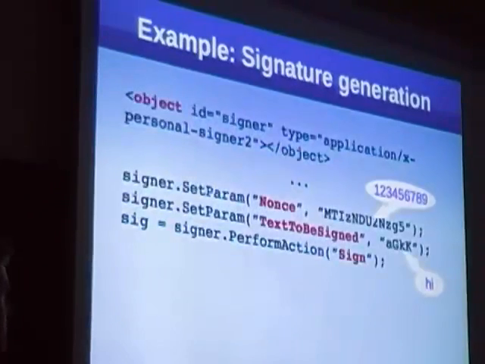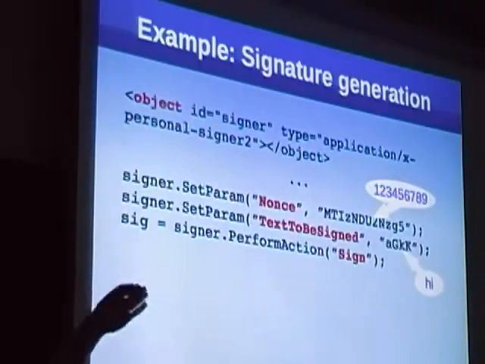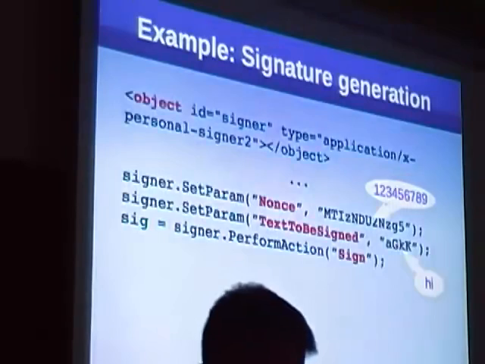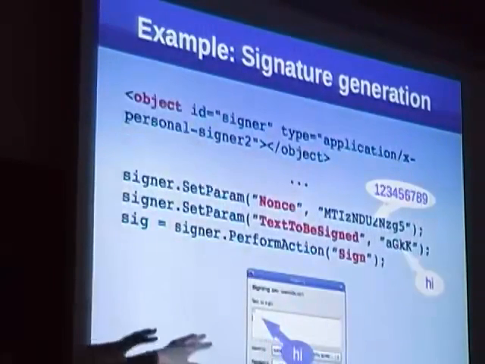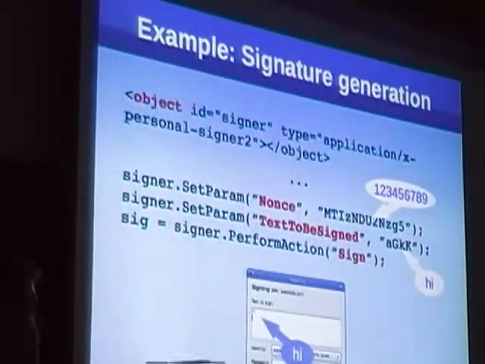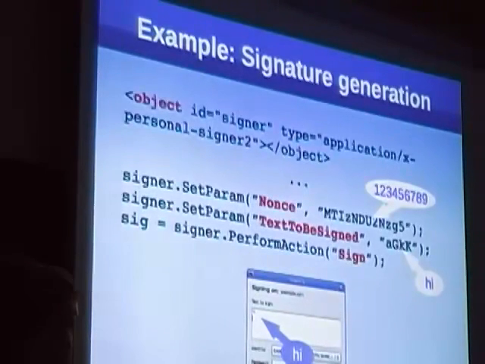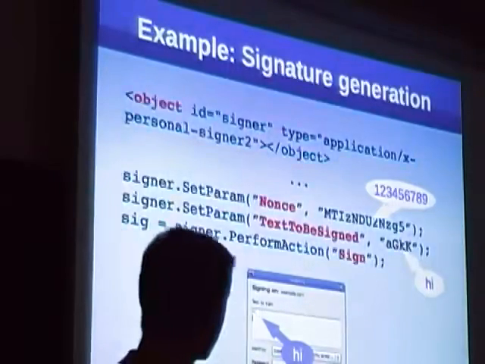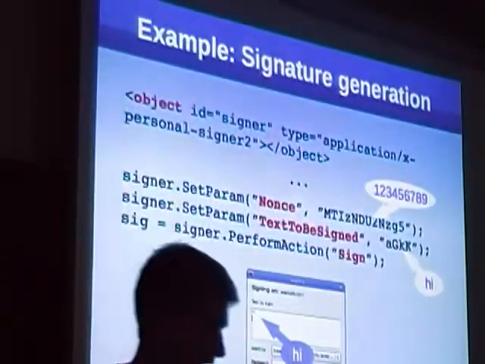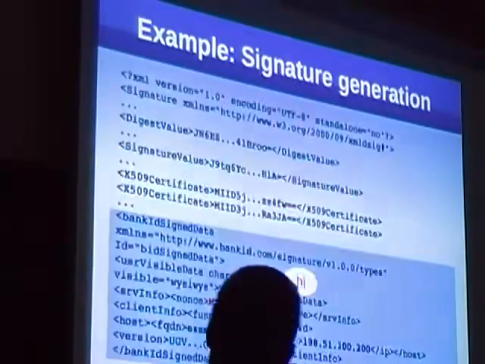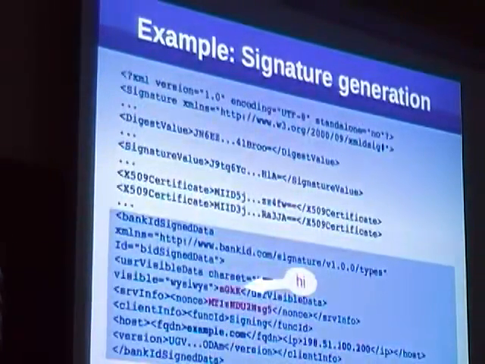You send a nonce value and some text you want to be signed to the plugin, and then you call a function on it, and first you get a confirmation window where you can see the message you want to sign, and you can also enter a password, you can select your token to use, and so on. So when this is done, you get an XML signature.